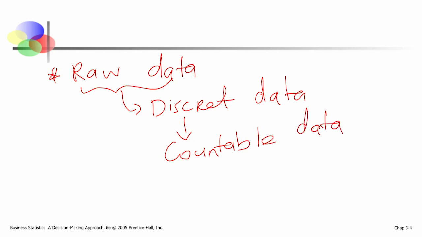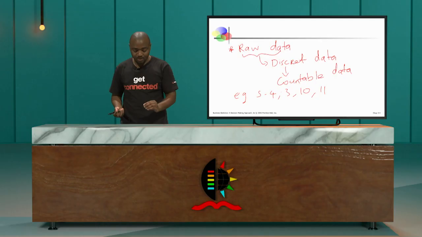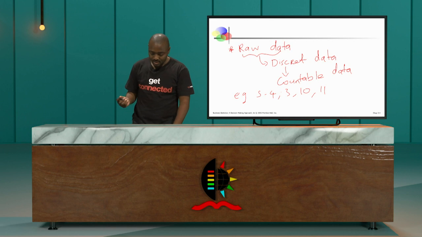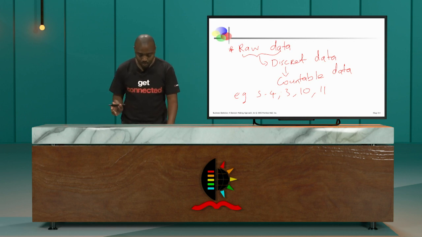Countable data, right? Like, for example, this type of data, 5, 4, 3, 10, 11, right? These are numbers which are referred to as being countable, and they are discrete.